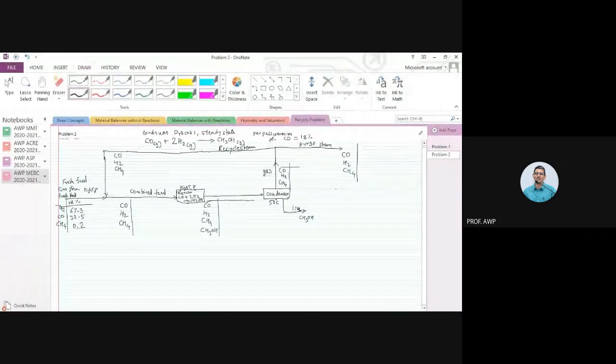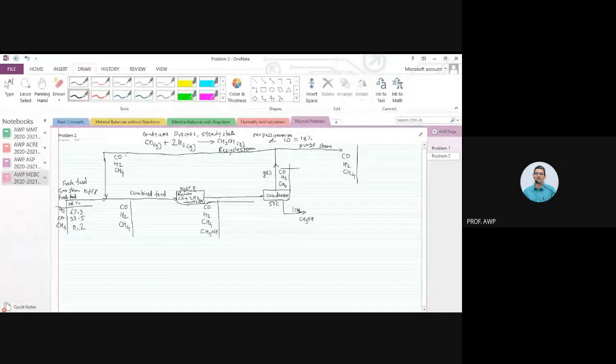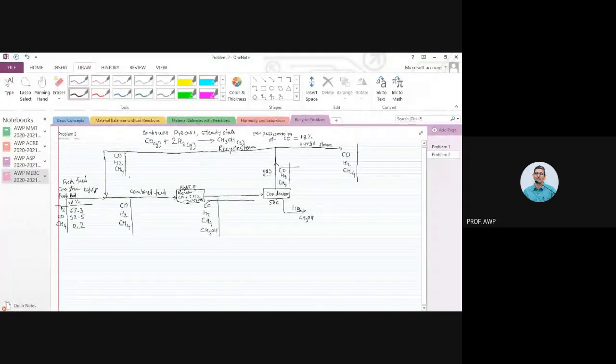Right, is the problem statement clear to everybody? I know something more about this process. This purge stream: if I have more of purge stream, I will have less of the recycle stream.